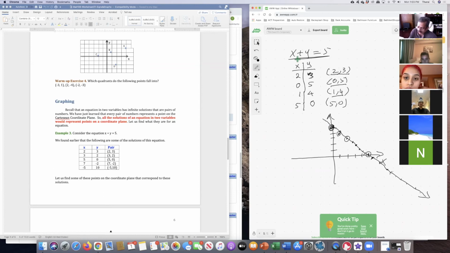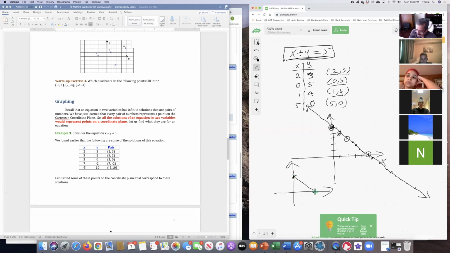So there is one line that corresponds to each equation. That line is called the graph. It extends infinitely on both ends. So do not give me a graph that's a segment. If you draw this as your graph, that's called a line segment.